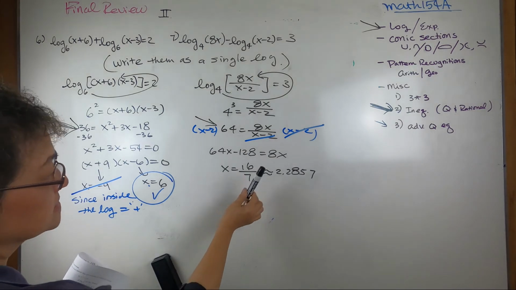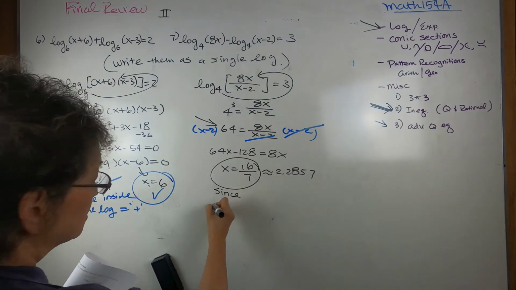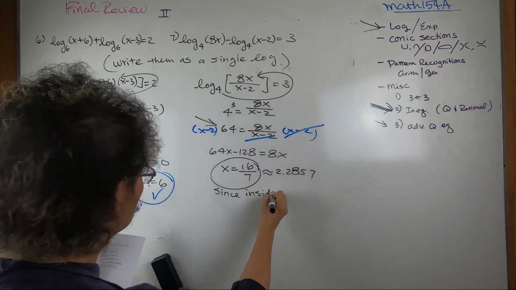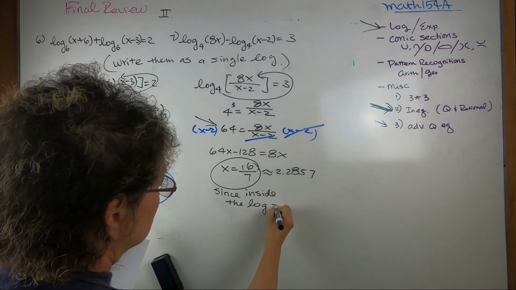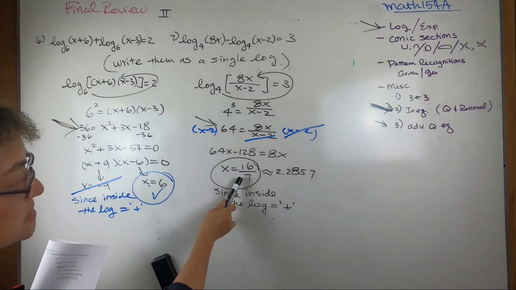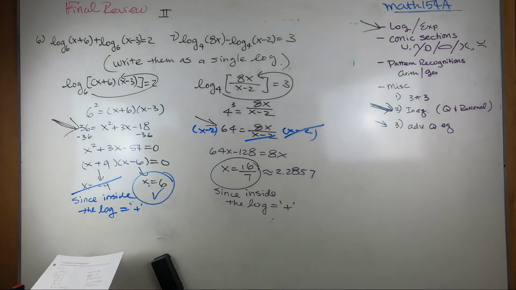Still positive. So we can circle the answer, but you have to state the reason and show you actually checked it. Inside the log is positive after minus 2, so we can circle the answer.